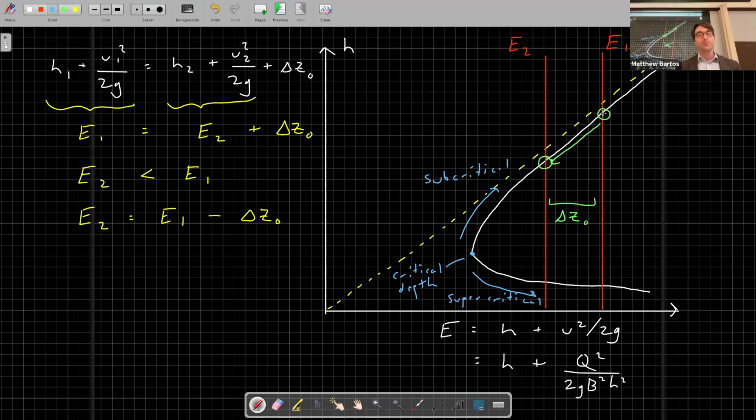So we can reason about that because, again, remember the distance between this diagonal line and the specific energy curve will be the velocity component. So note here on this upper side of the curve, the velocity component is smaller relative to on the lower side of the curve. So up here is subcritical, down here is supercritical.